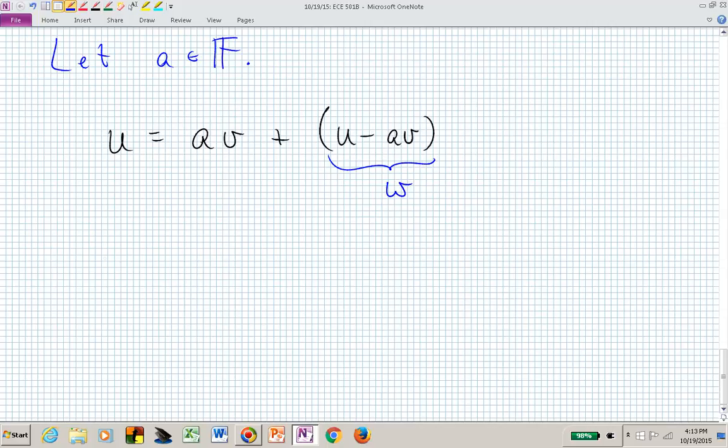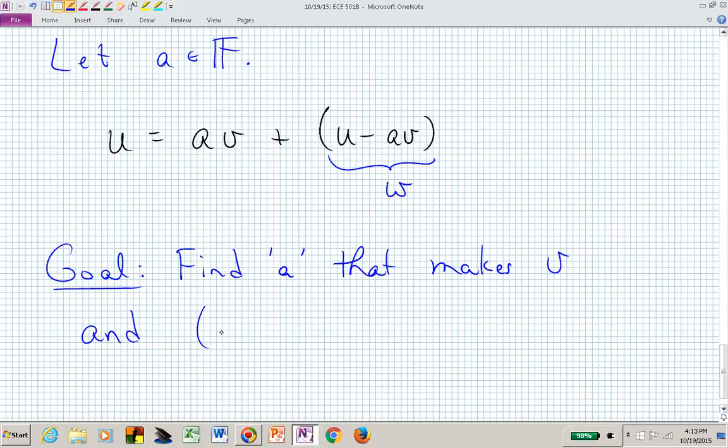That's our goal. Our goal is now to find a that makes the vector v and u minus av, which is actually w, we want those 2 vectors to be orthogonal.